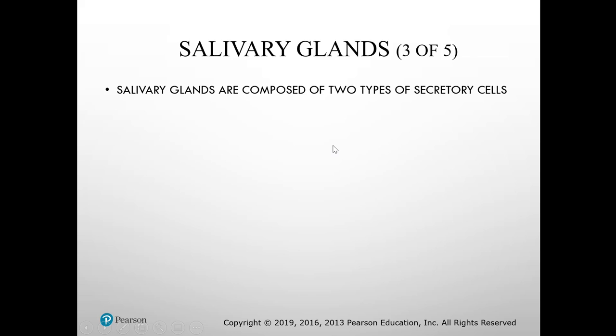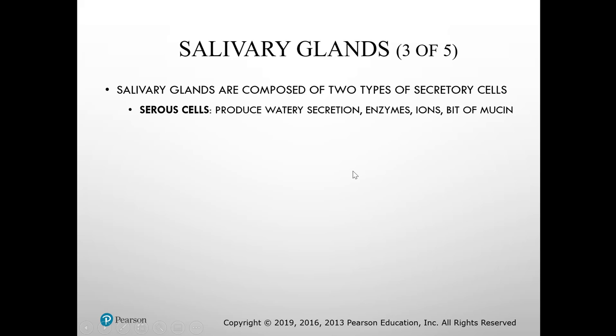So salivary glands are composed of two types of secretory cells. The serous cells produce a watery secretion, and they also secrete enzymes and ions and a little bit of mucus. But the mucus cells produce mainly mucus. That's why they look like a clustered follicle that's filled with goblet cells.